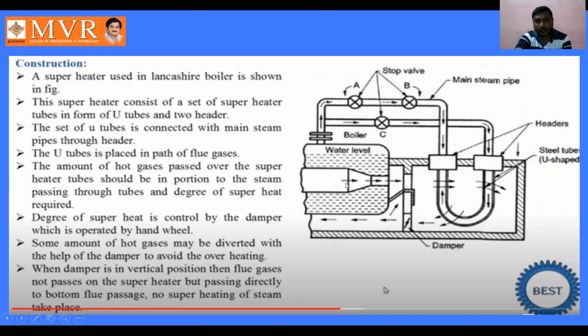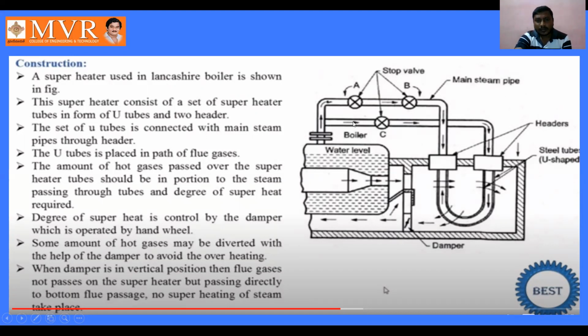Inside this pipe, flue gases are moving in the forward direction, where the heat exchange takes place between the steam and the flue gases, and the steam is converted into superheated steam. When the B and C valves are open, the A valve should be closed, because the steam does not enter into A.